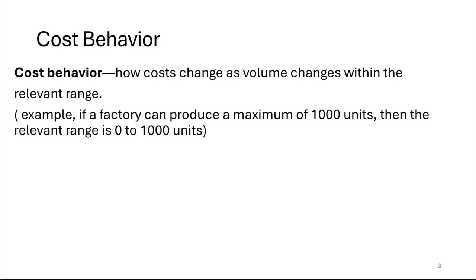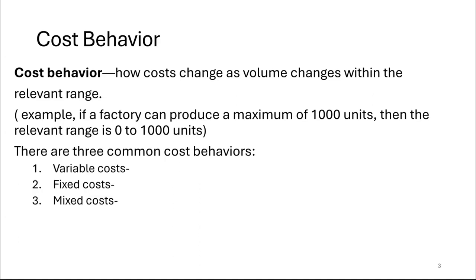Now, again, an example would be if you have a factory that can produce a maximum of 1,000 units, 0 to 1,000 is the relevant range. Now, when we work these problems, we assume we're always within the relevant range. So again, whenever you're doing this kind of analysis, you make a lot of assumptions, but they should be educated guesses.